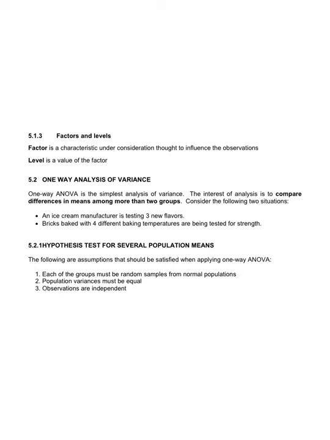Okay, another terms that you should know for this topic is factors and level. Factors is a characteristic under consideration thought to influence the observation. Okay, apa yang kita nak main interest kita atau faktor yang kita nak kaji sebenarnya. Kalau contoh tadi tu adalah teaching method.